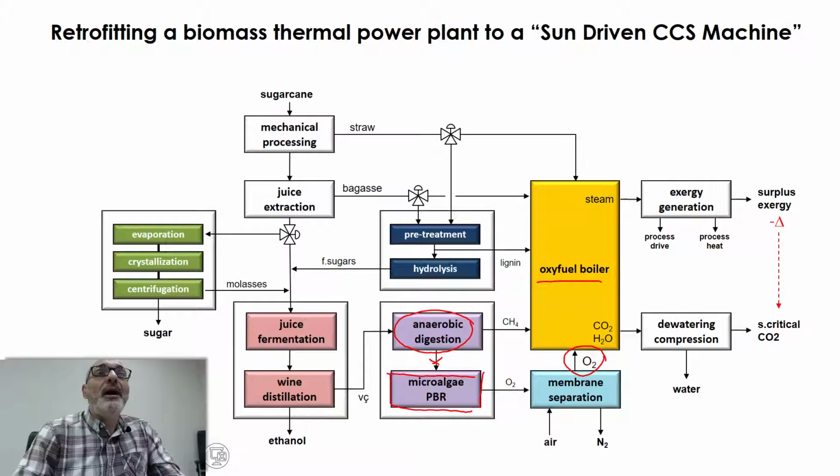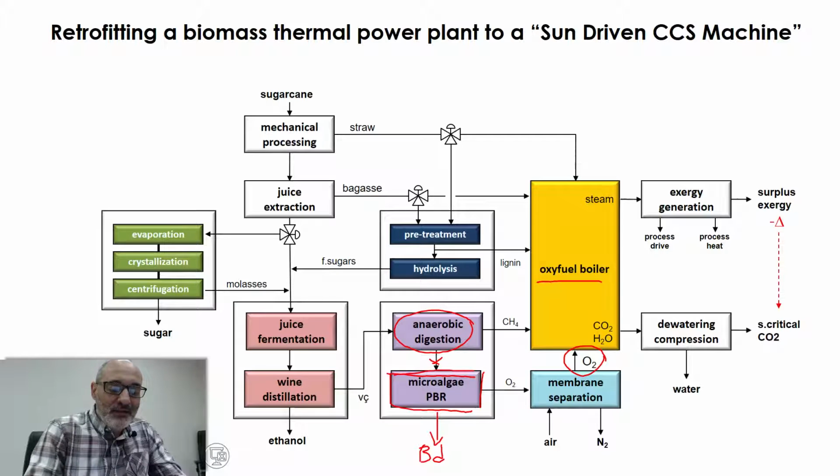I'm sure that you read already about biodiesel from microalgae, so you still can produce some biodiesel here. It's a very small quantity. Don't bother, but it's possible. The most important here is the ability to produce O2. And I'm going to talk about why this is important in a minute.